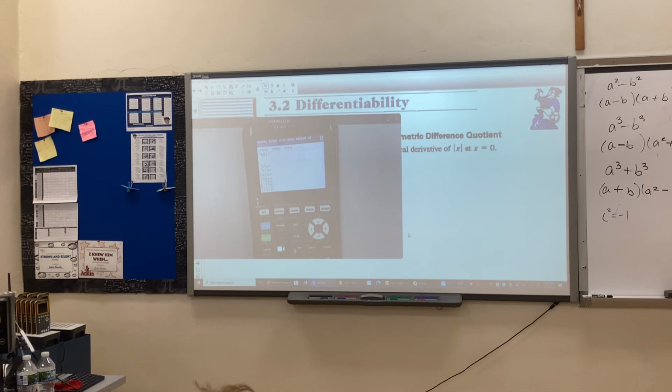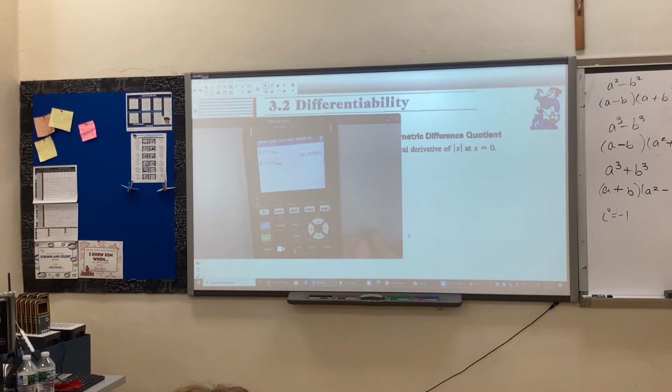We're going to take the derivative of this function at x equals 0, so math 8, in terms of x, alpha trace for y1, equals 0.